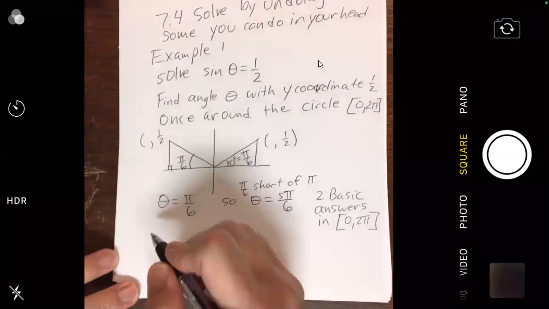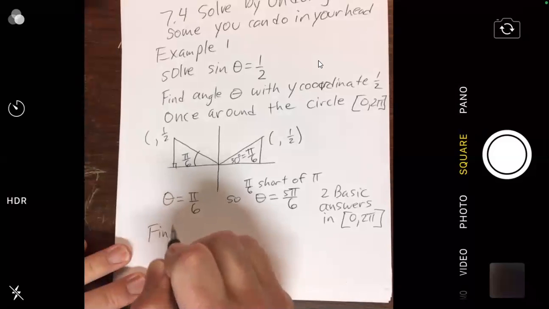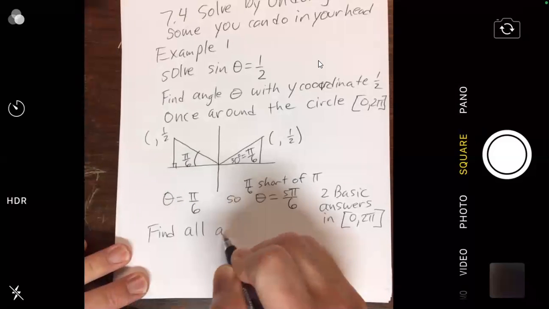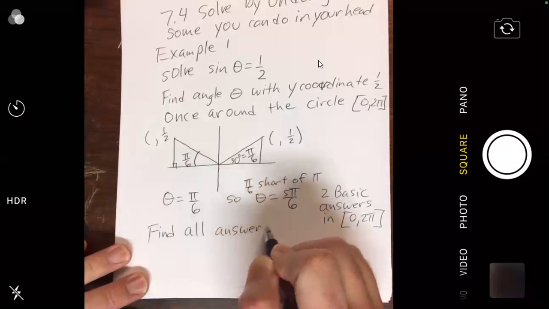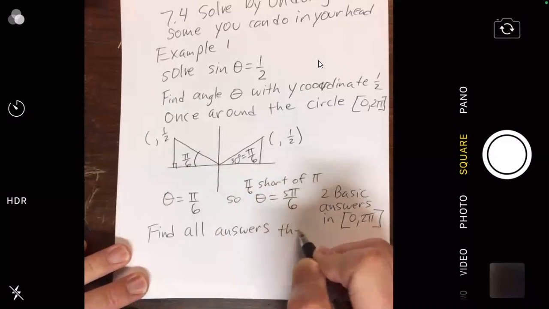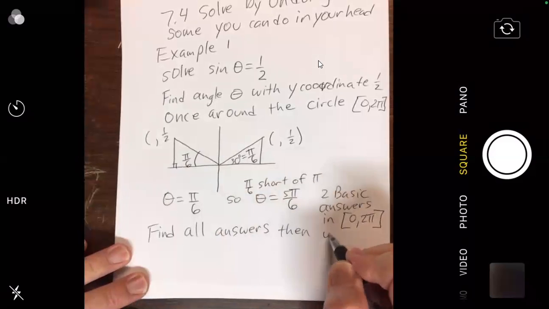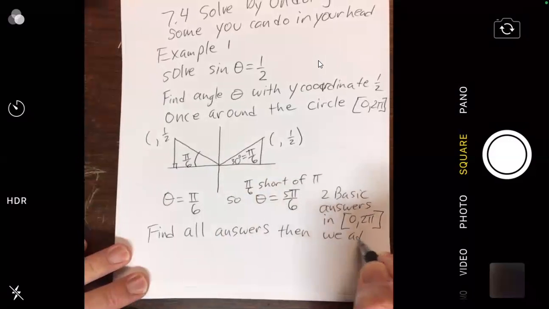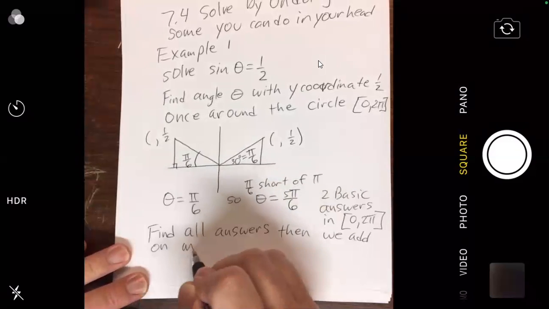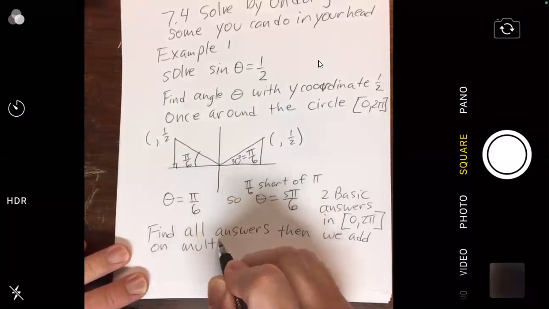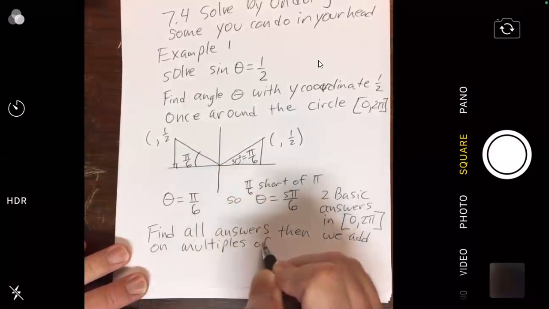Now, if the directions say find all answers, then we add on multiples of 2 pi.